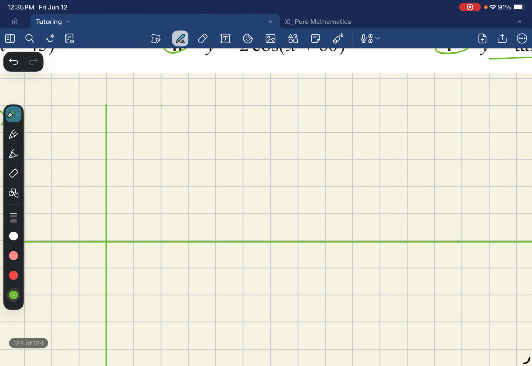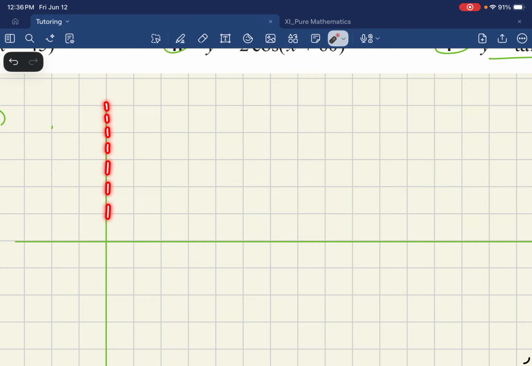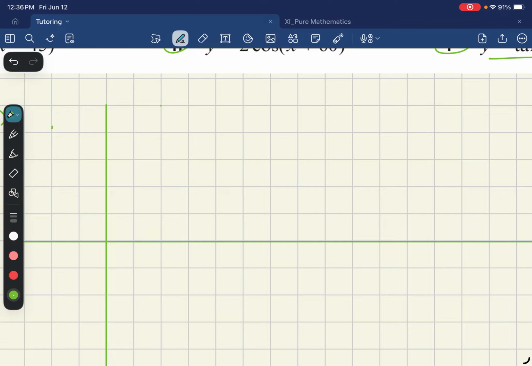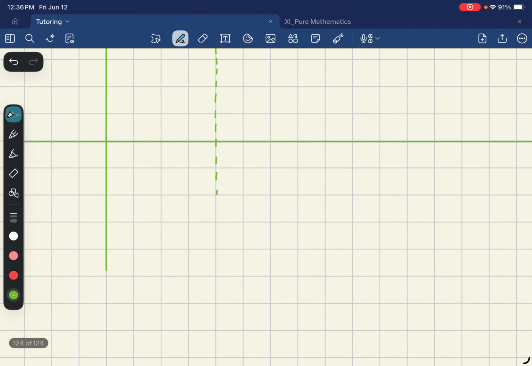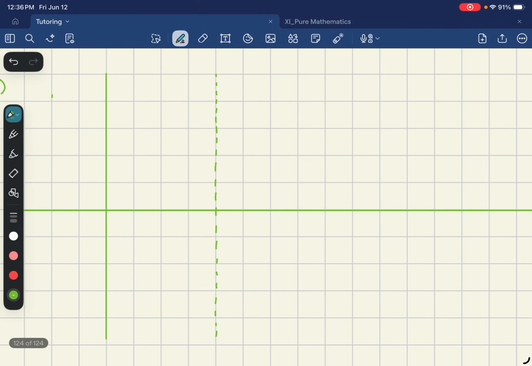So you had an asymptote at negative pi by 2, so that shifts to 0, right? That asymptote is here. You used to have an asymptote at pi by 2, now you have an asymptote at pi. And you also have an asymptote at 2 pi, because you had an asymptote at 3 pi by 2, so you need to shift it by pi by 2.